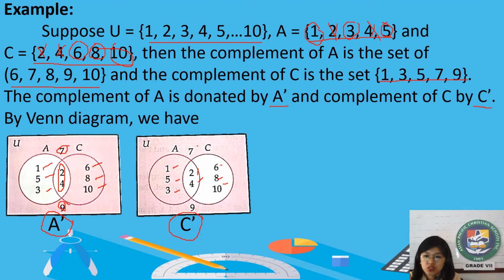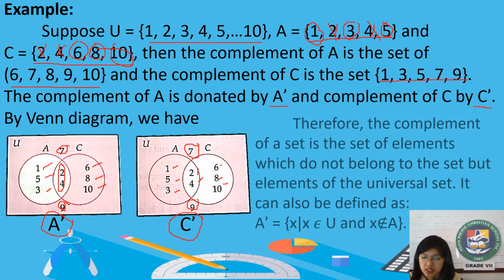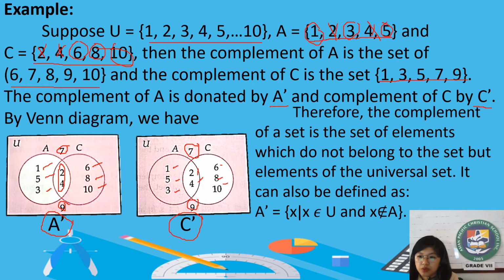So, 7 and 9 ulit yung mga wala dun sa elements ng A and C. Therefore, the complement of a set is the set of elements which do not belong to the set but are elements of the universal set. It can also be defined as A prime or the complement of A is equal to the elements of X such that X is an element of U and X is not an element of A.